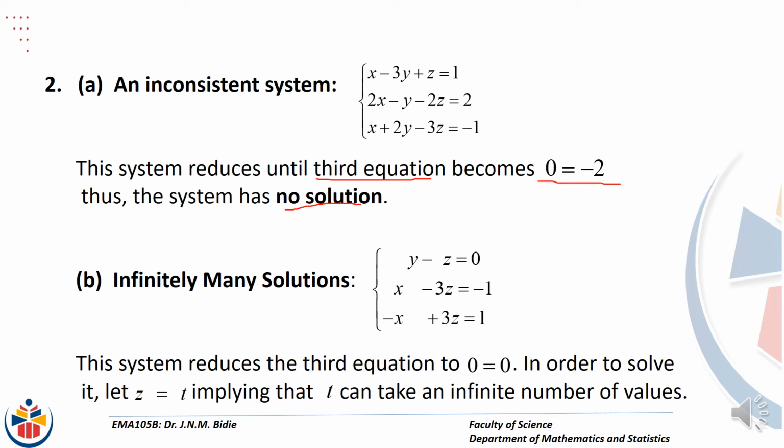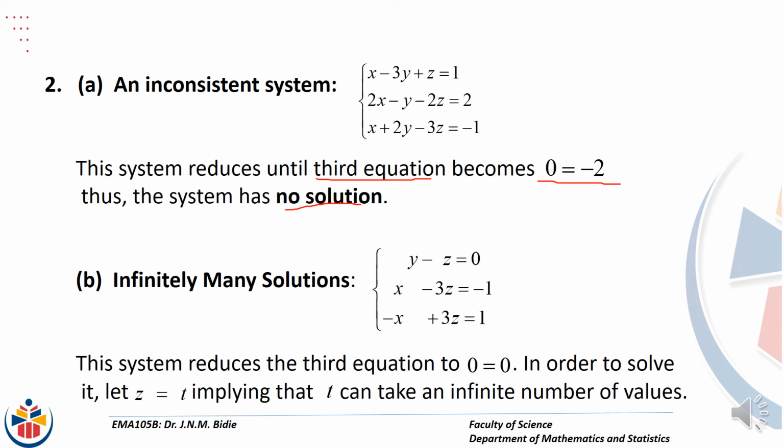For that particular system, we got 0 equal to -2. Therefore, it is not possible to solve for z because 0 can never be equal to a number. Therefore, we say the system has no solution. So you reduce or solve the system until you get a 0 equated to a number. Even if it's a 2 by 2 system, you can get such a situation.